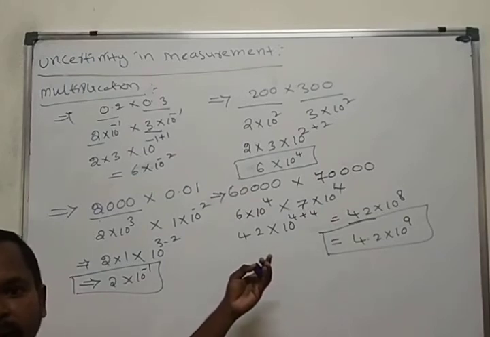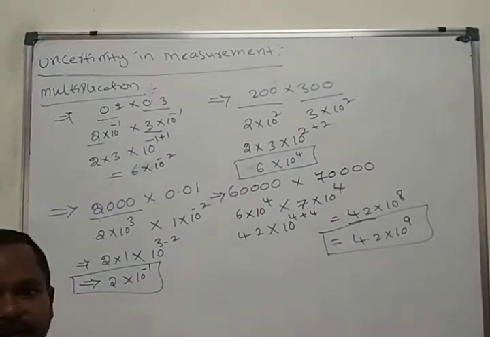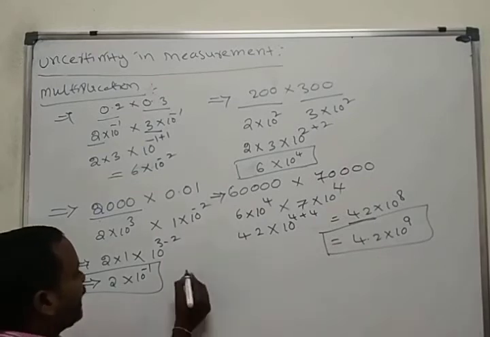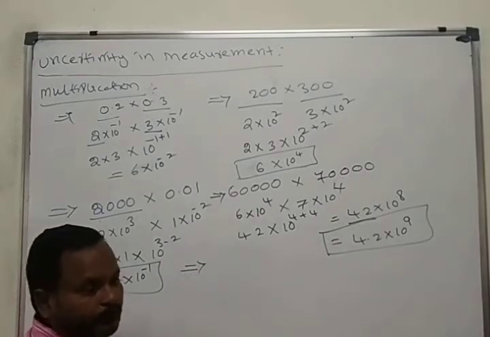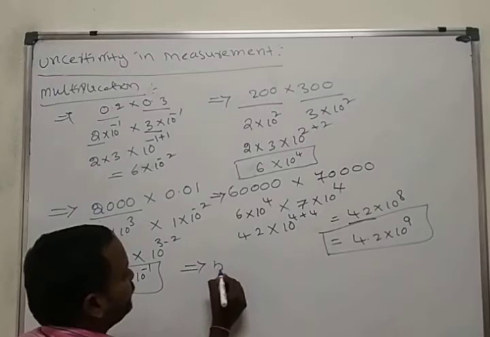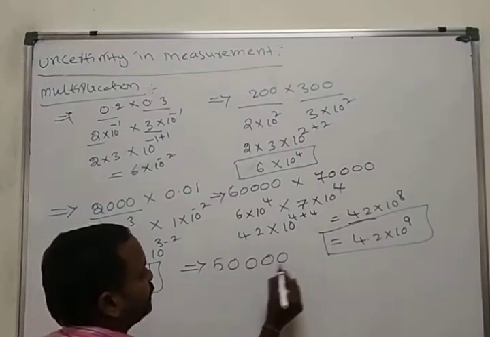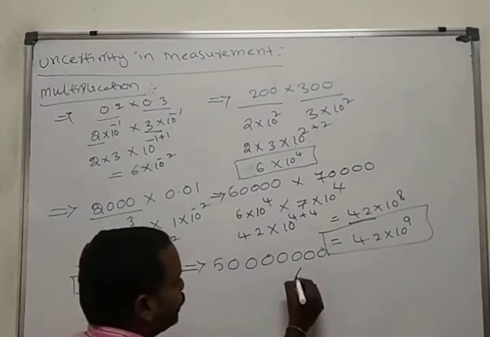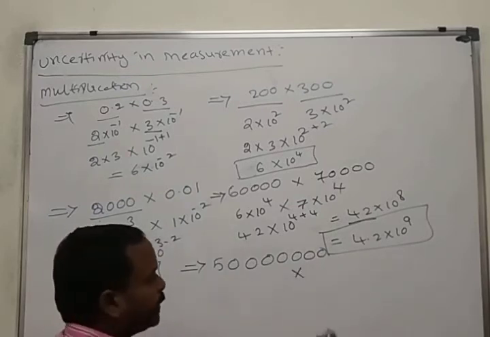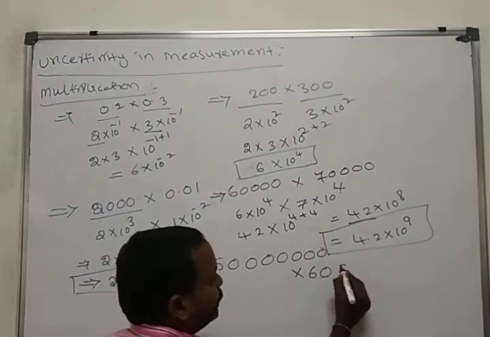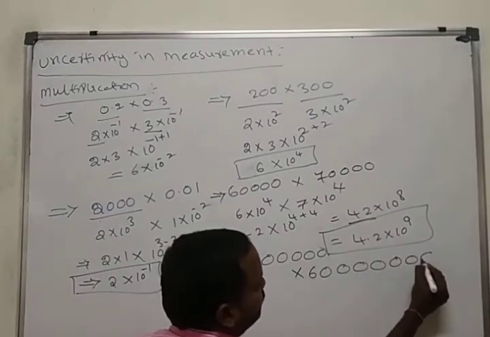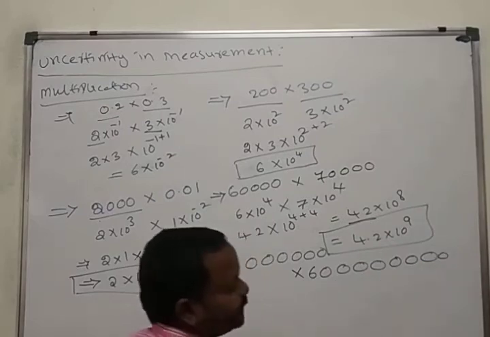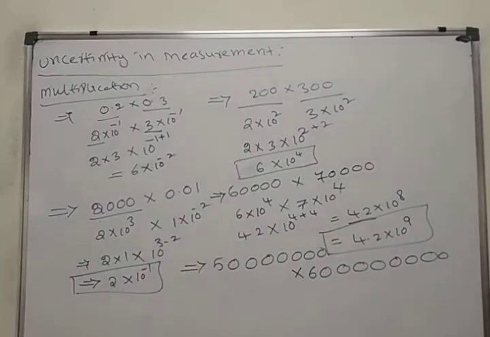Okay, I think you understood this concept. Say you take one big number. I am taking 5 followed by 7 zeros, into 6 followed by 8 zeros. In examination point of view, in CET point of view, they ask like this one.